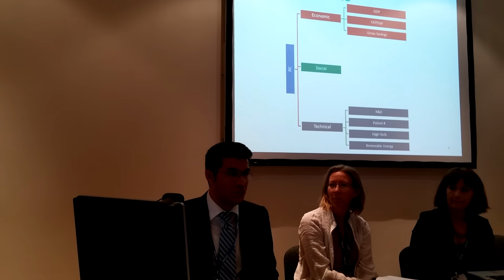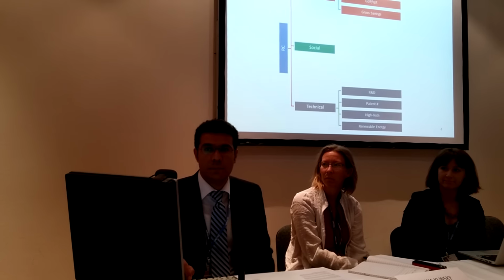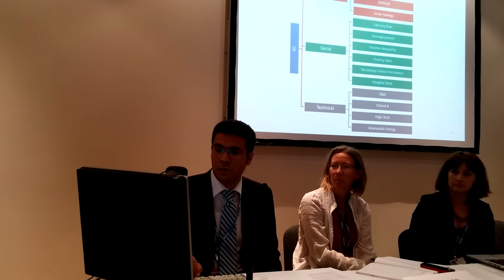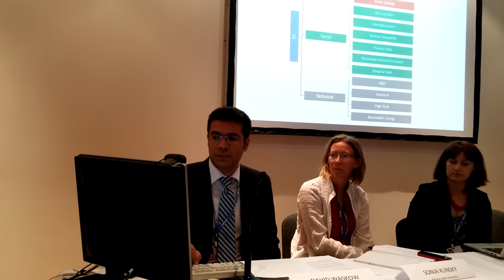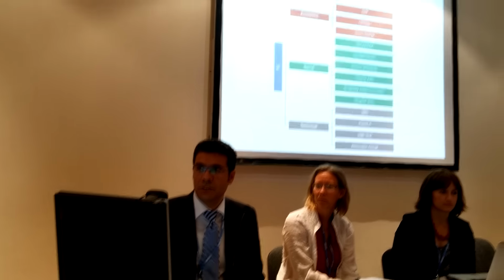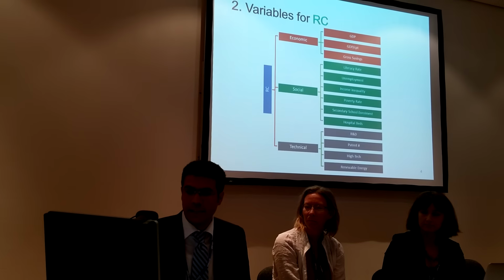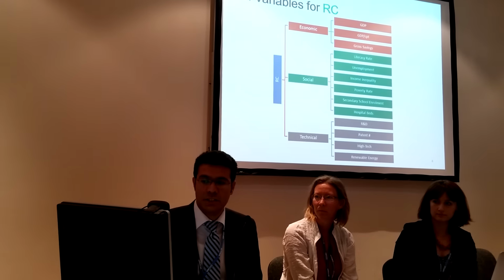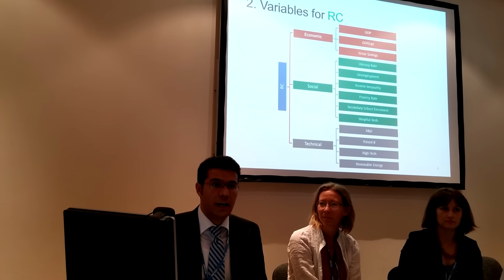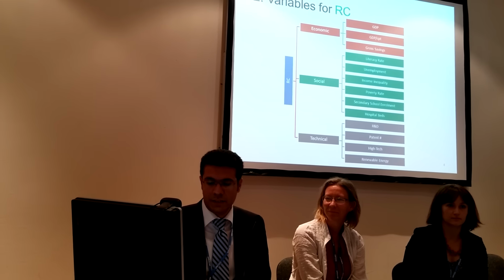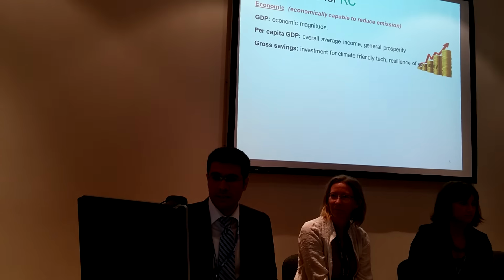Also, the social dimension is very important, not only in the respective capabilities, but also for sustainable development. There are 8 indicators in here: literacy rate, unemployment, income inequality, poverty rate, secondary school enrollment, and hospital beds. I try to explain these indicators in the next slides.